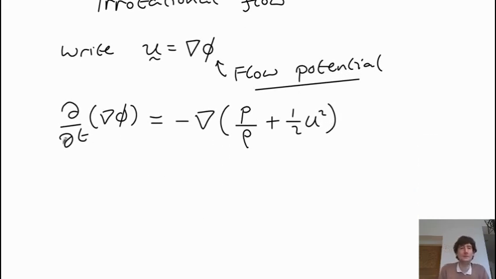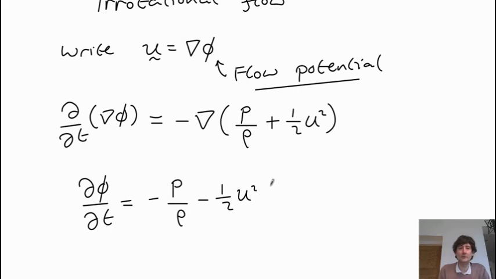And so here we have a gradient and a time derivative, and they commute, so we can take the gradient outside. And we can integrate this whole thing in space. We just end up with d phi by dt is equal to minus p over rho minus a half u squared.